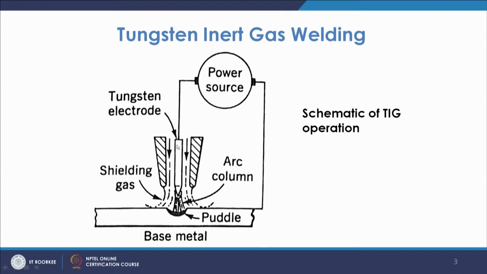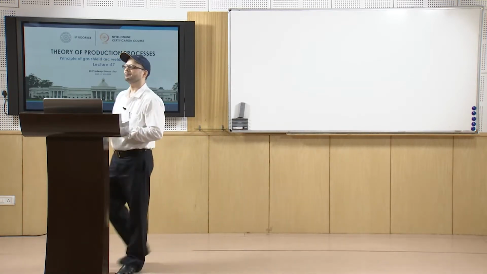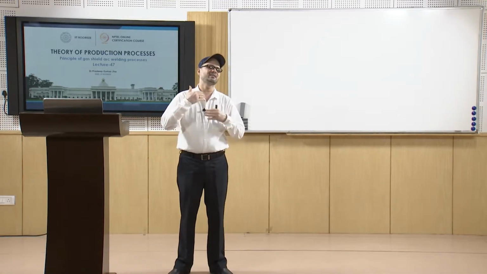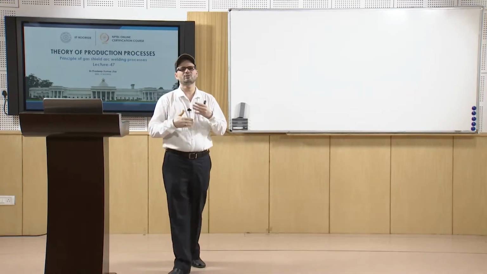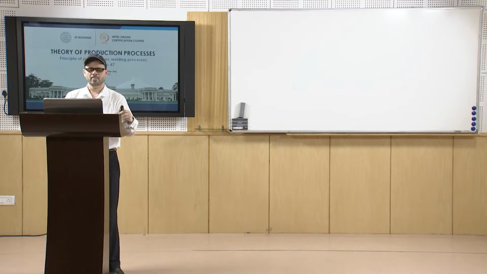In the torch, from both sides of this electrode, you will have the flow of argon gas or helium gas, which works to protect this weld pool from any further exposure to the atmosphere, which can ultimately bring in gas absorption like oxygen or nitrogen, creating undesirable phases. So, this way this TIG operation is carried out.